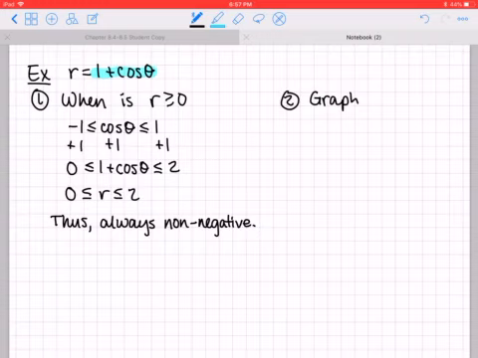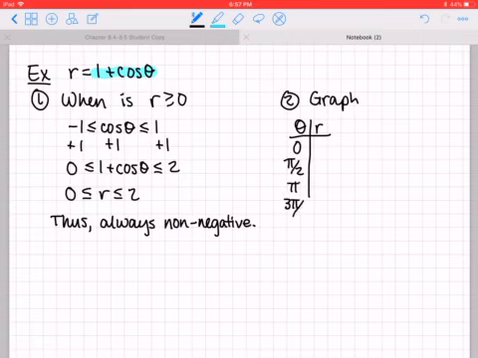Okay, so your favorite, we're going to make a theta-r chart. So 0, pi over 2, pi, 3 pi over 2, and then 2 pi.